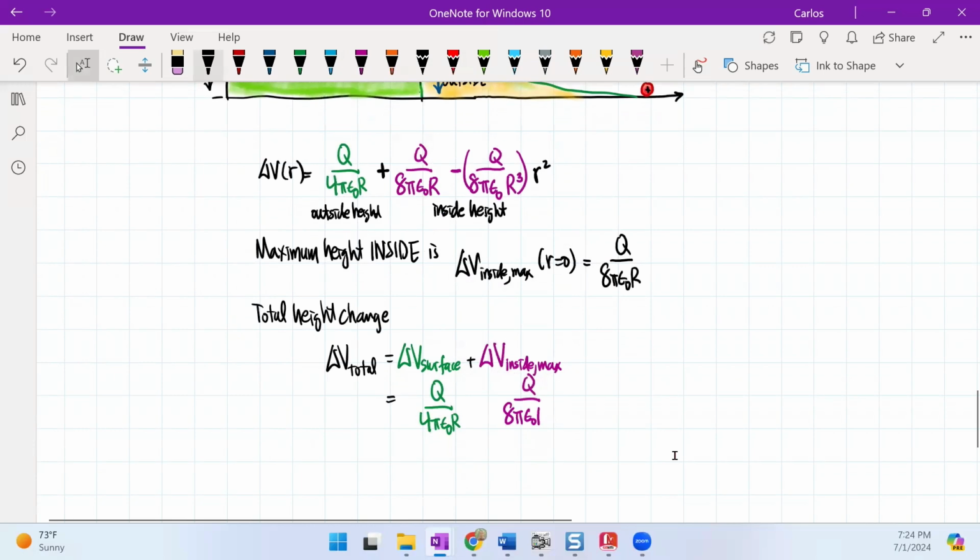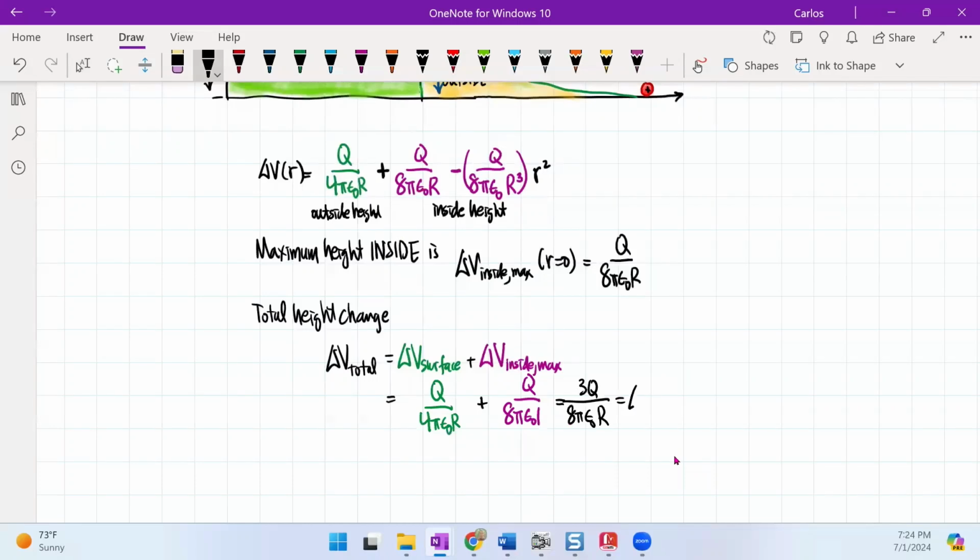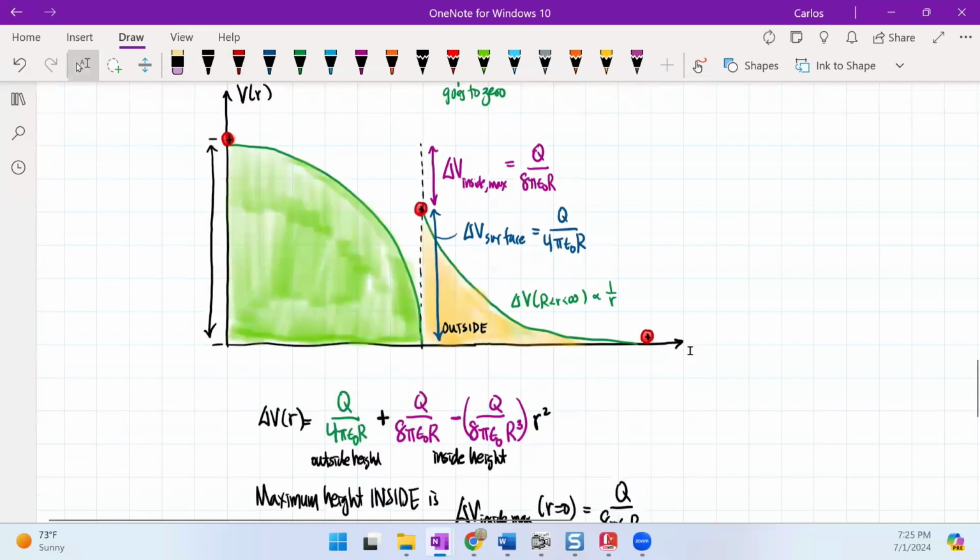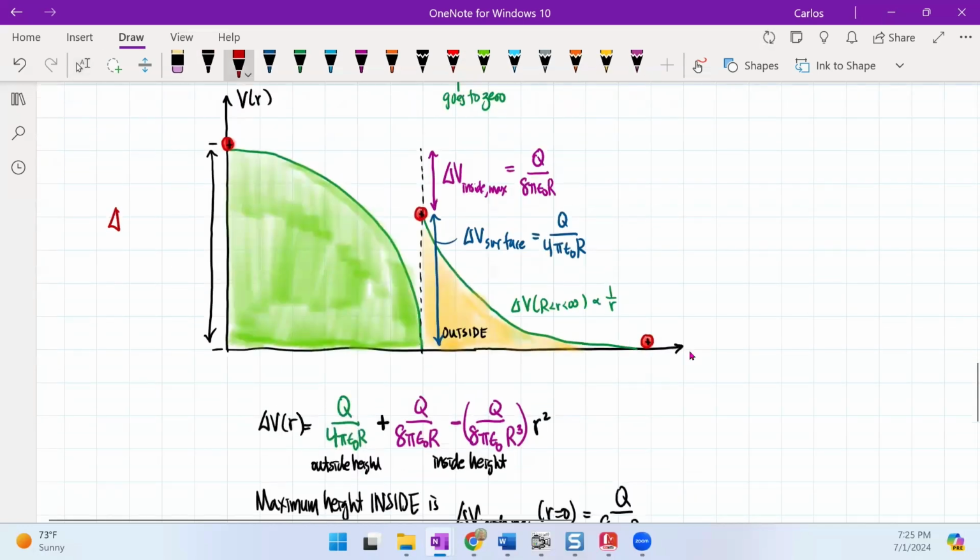Now all I have to do is add them together, and I'm going to get a value that reads 3Q over 8 pi epsilon r, and this is the total height. So when I look at this total height from r equal to infinity, V total will then be 3Q over 8 pi epsilon r.